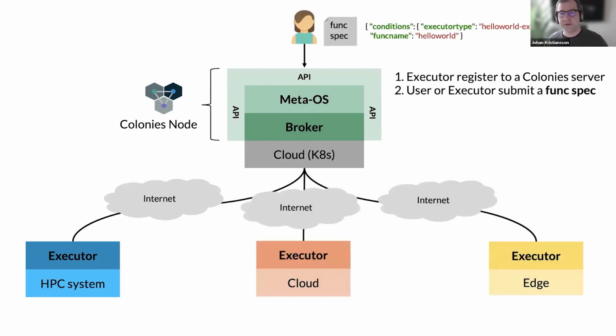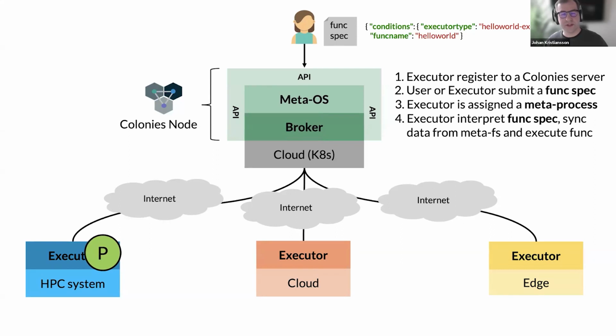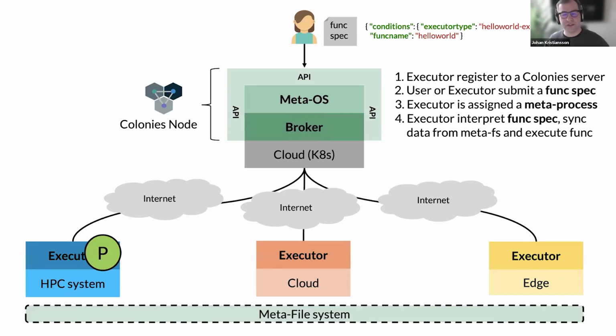Then a user runs their own application with some function specifications, which will then be wrapped into a process and assigned to an executor, which will interpret the function specification, do something interesting, and then close this process.